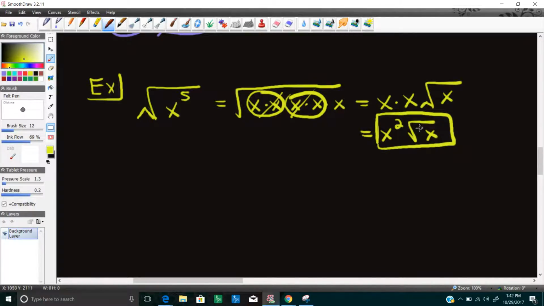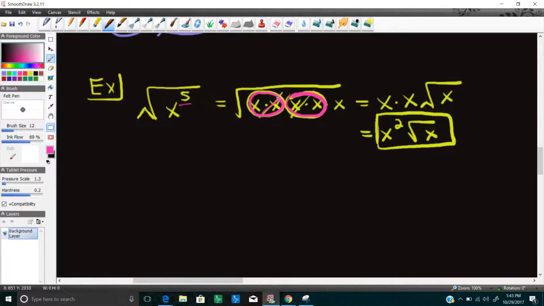Okay, so let me go back through that because I did it quickly. If you have a variable with an exponent, we can expand those letters. In this case I have 5, so I drew 5 x's, and in these 5 x's I circled a pair of 2 here and a pair of 2 here. Remember, the rule is to take out one number, or in this case, letter, from each pair.